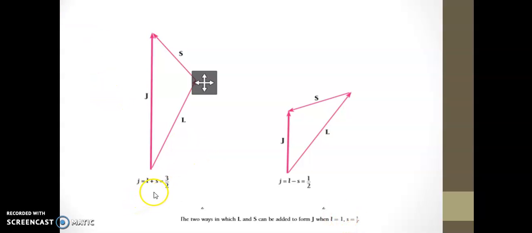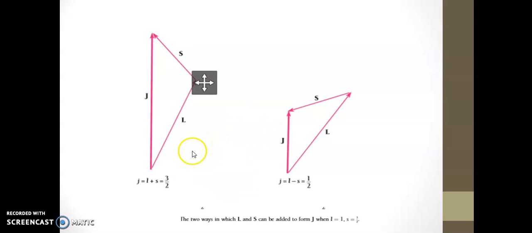So when j equals l plus s, the magnitude of the total angular momentum is greater than L. When j is l minus s, the magnitude of the total angular momentum is less than the magnitude of the orbital angular momentum L. So we can combine L and S to form J in two ways for l equal to 1.